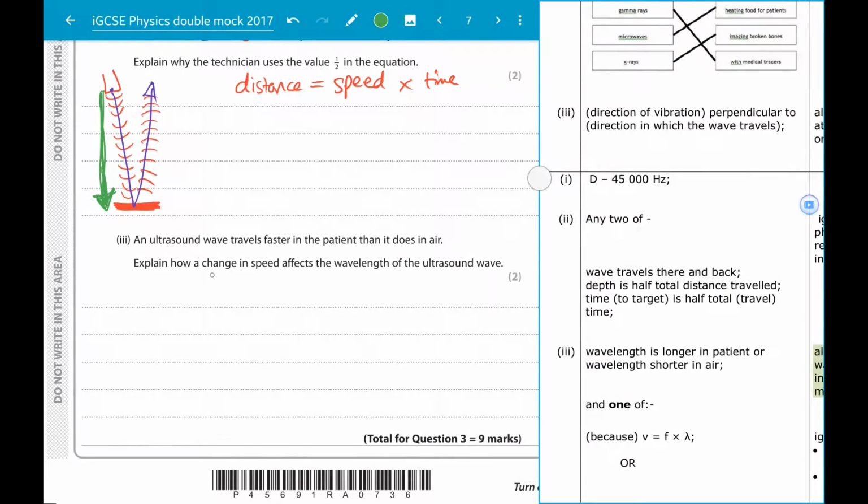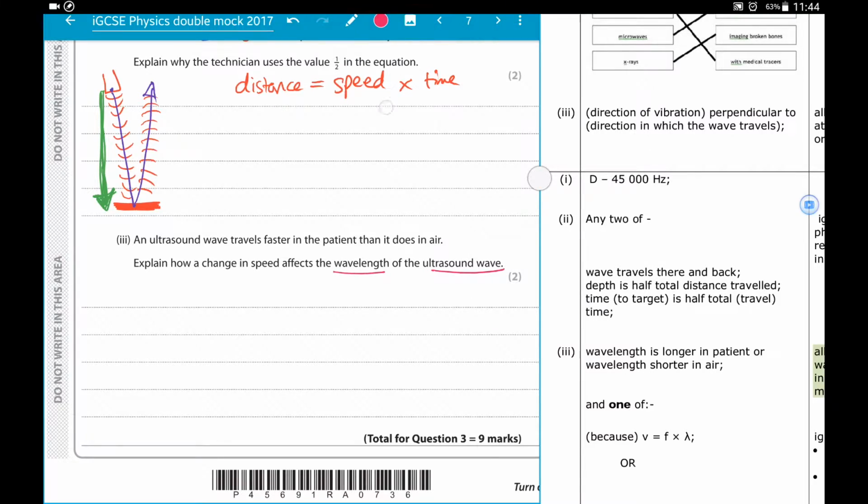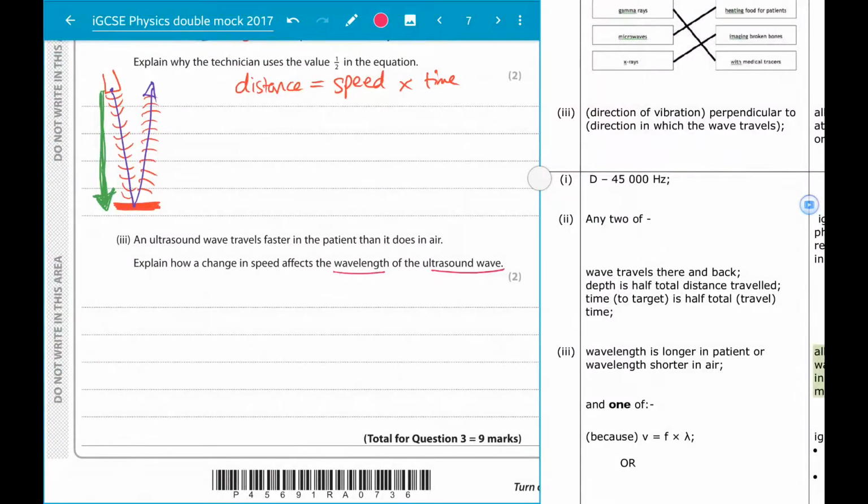Here, for part 3, an ultrasound wave travels faster in the patient than it does in air. So how can a change in speed affect the wavelength of an ultrasound wave? You need to be thinking about refraction, because you're talking about a wave going from one medium, the patient, to another medium, the air.